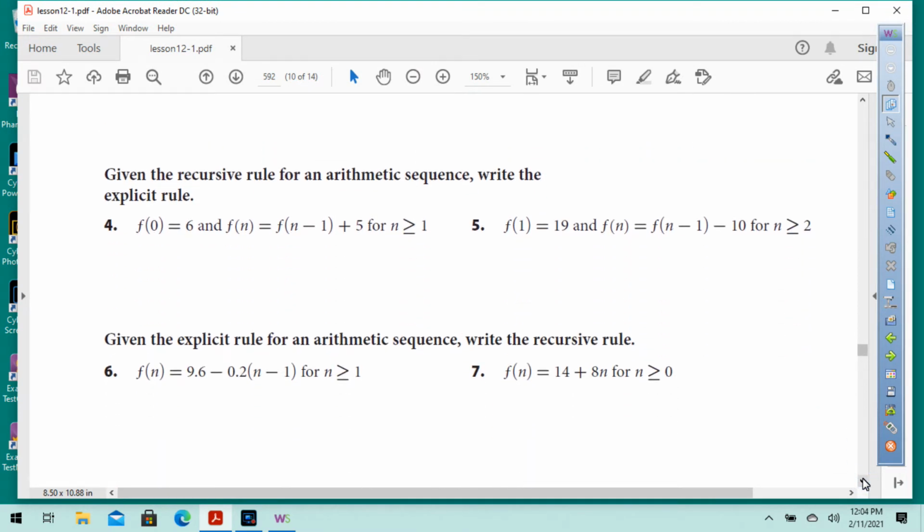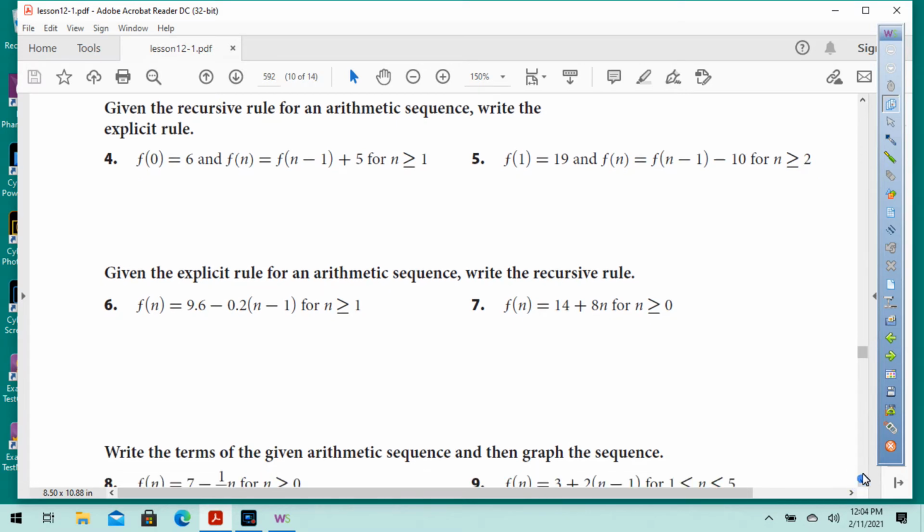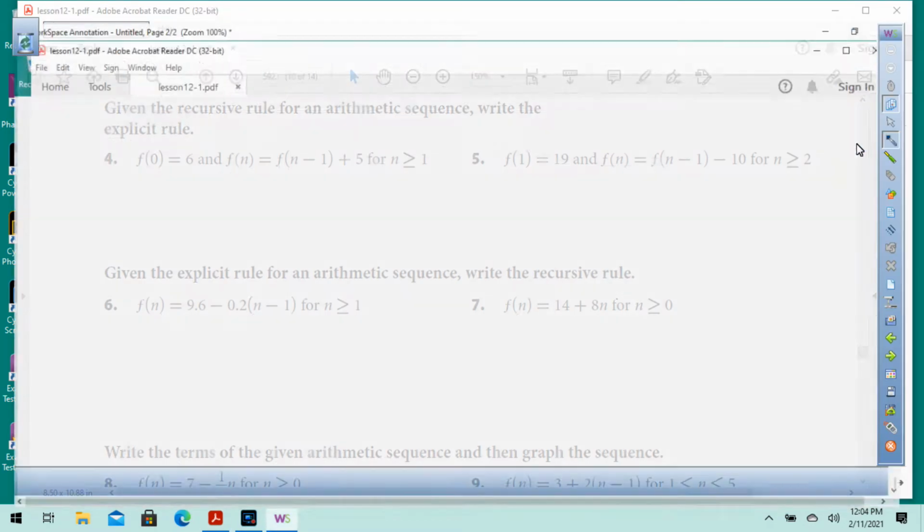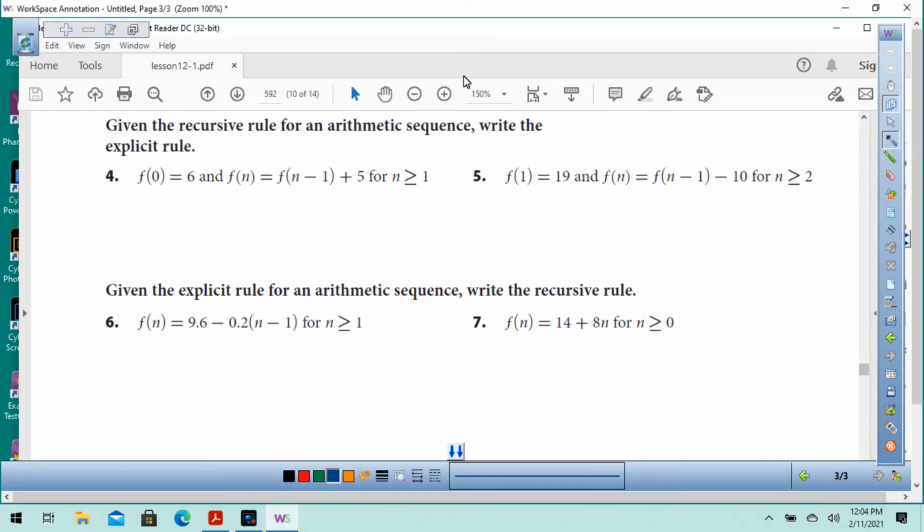Number 4. Given the recursive rule for an arithmetic sequence, write the explicit rule. Okay, so let's look at what the explicit rule is. f of n equals, and since this starts at 0, we're going to use a sub 0 plus d times n.